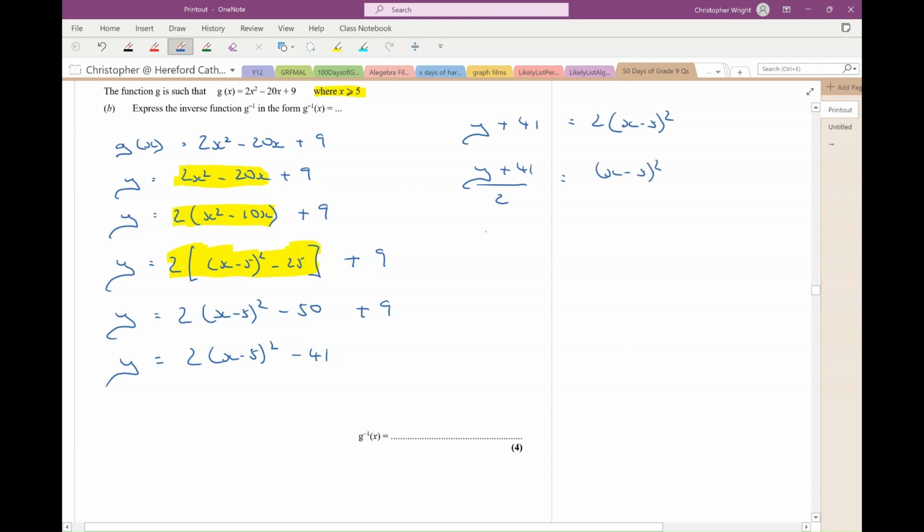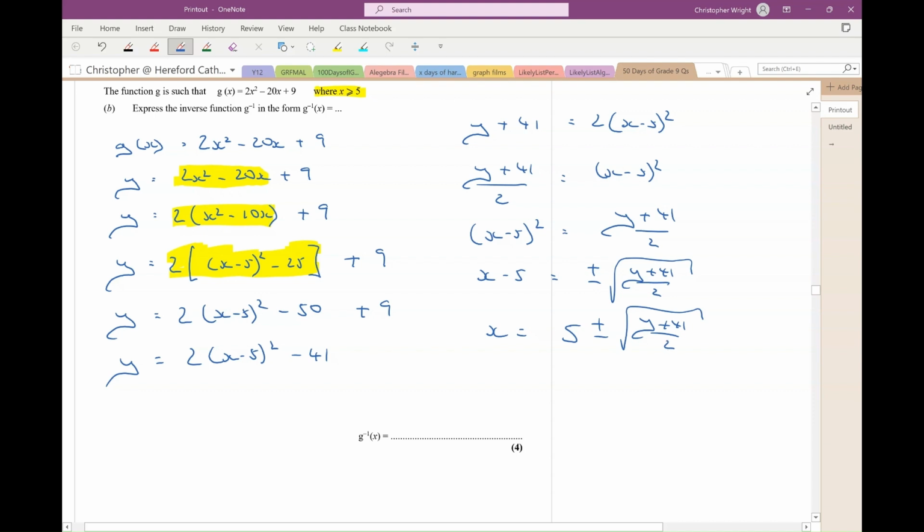Let's write it the other way around. X minus 5 squared equals y plus 41 over 2. Square root both sides. X minus 5 equals, remember, plus or minus the square root of y plus 41 over 2. Let's add 5 to both sides. X equals 5 plus or minus the square root of y plus 41 over 2.